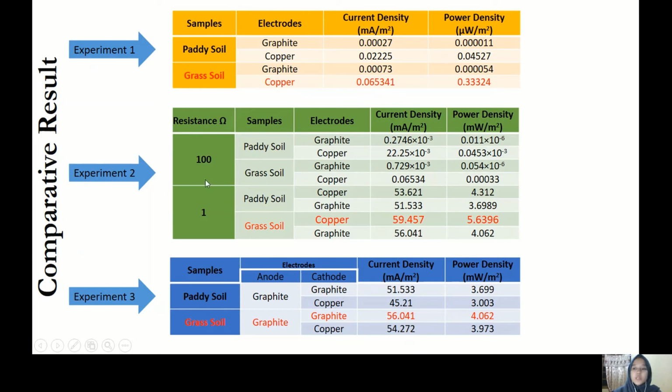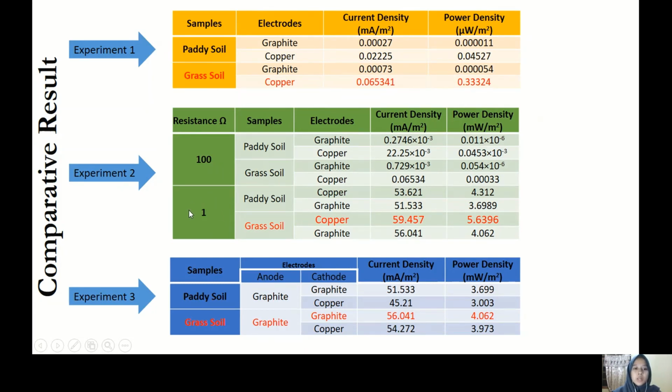Experiment 2 is to see the performance of the microbial fuel cell using different resistance values, which is 1 ohm and 100 ohm. You can see here there's a huge difference in value that could be achieved by the 1 ohm resistor compared to the 100 ohm resistor.